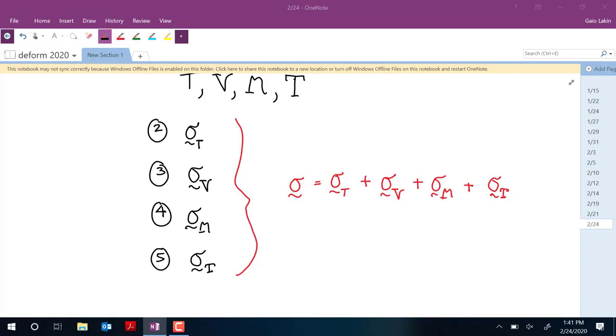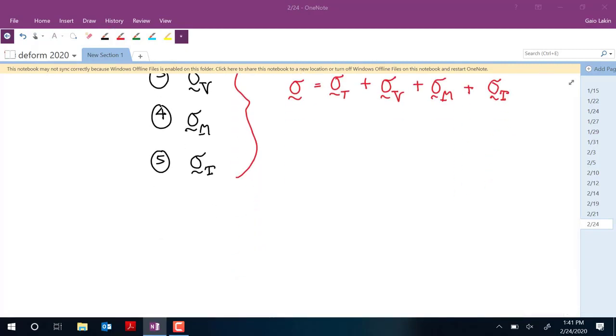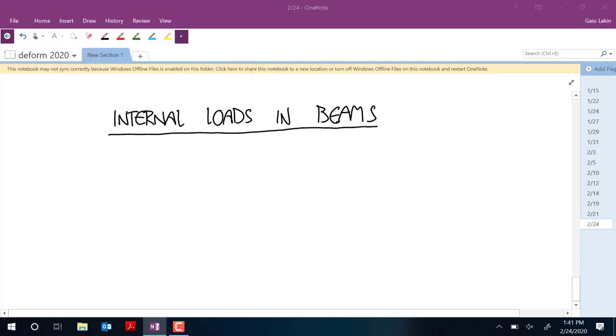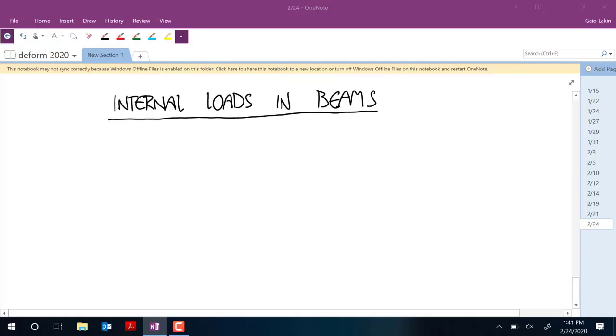So the first thing we have to talk about is internal loads and beams. And the idea of internal loads and beams, I can't remember if I drew this picture earlier, but imagine taking your two hands and bending a long, slender stick, piece of wood.